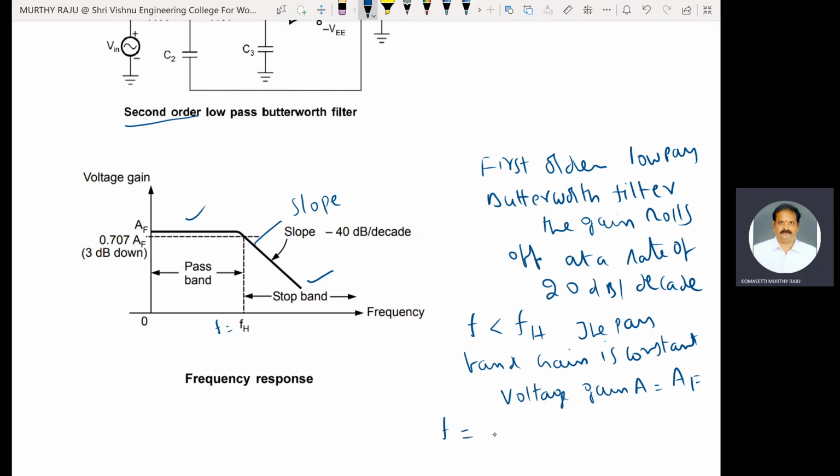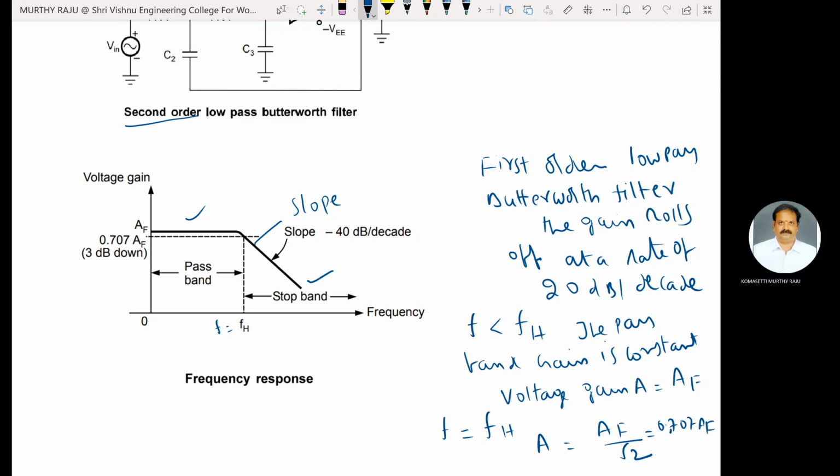At f is equal to fH, voltage gain A is equal to AF by root 2 or 0.707 times AF.